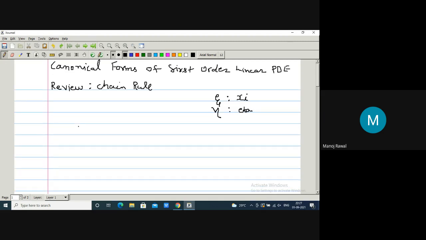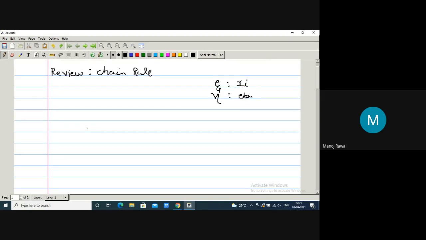So if we are given u as a function of xi and eta, where xi and eta both are further dependent on x and y, or you can say they are functions of x and y both.